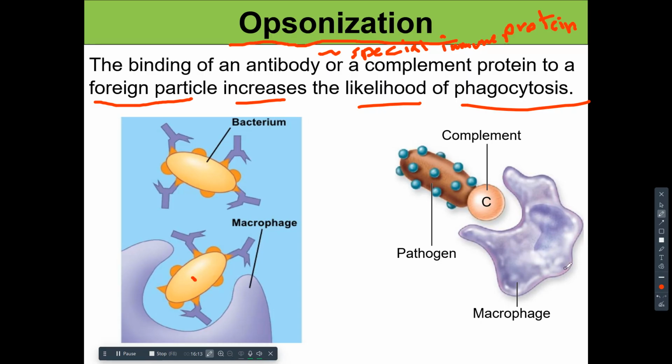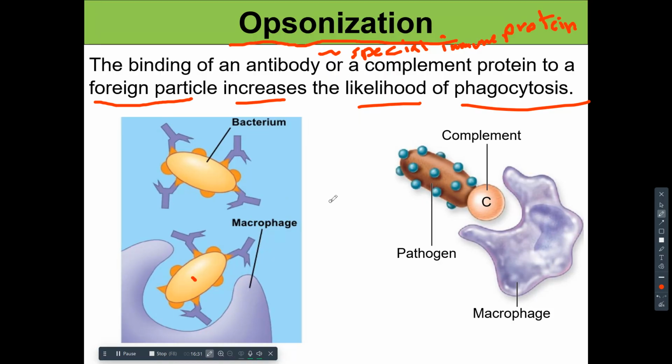And so similarly over here, macrophages are much more likely to engulf this bacterium if it has an activated complement protein attached to it. Notice we're not drawing to scale here, by the way. The complement protein, the pathogen, and the macrophage are not all the right size.